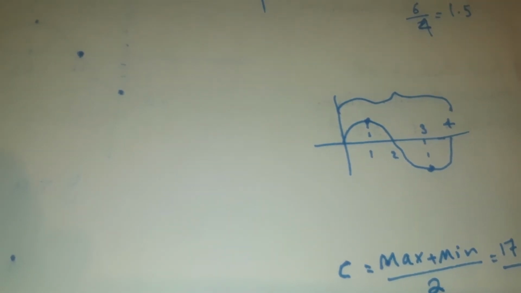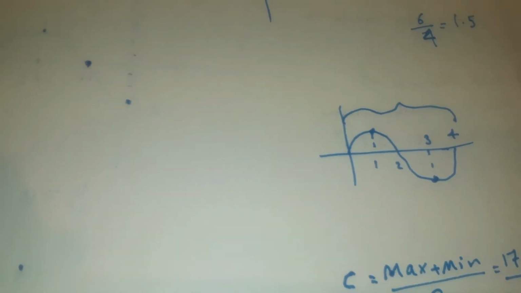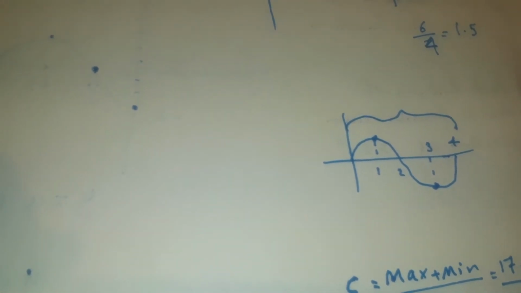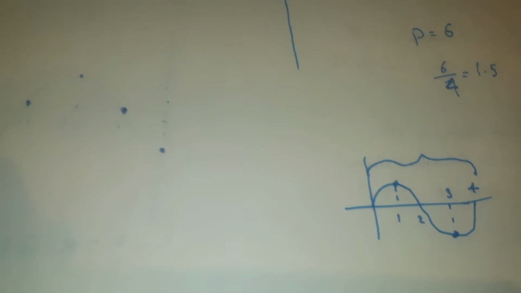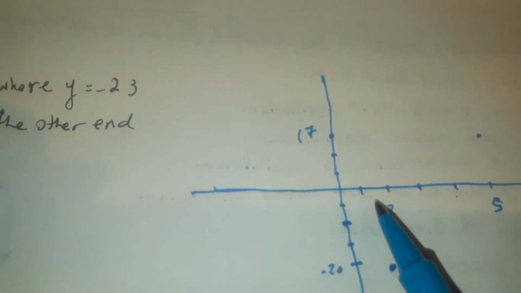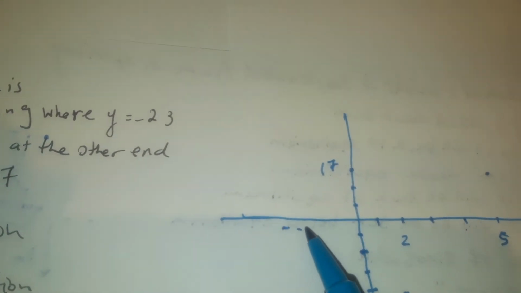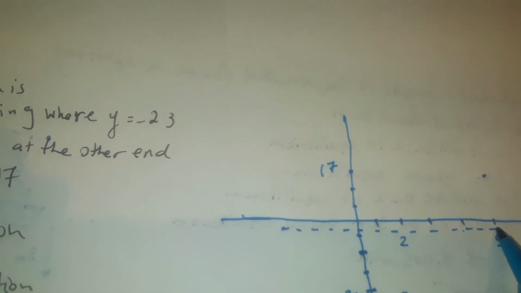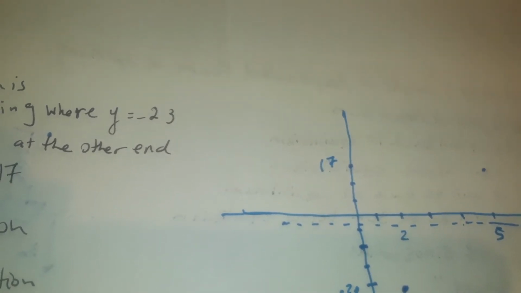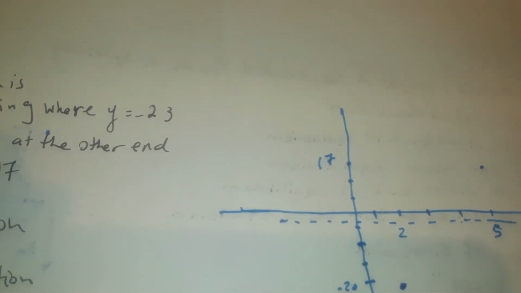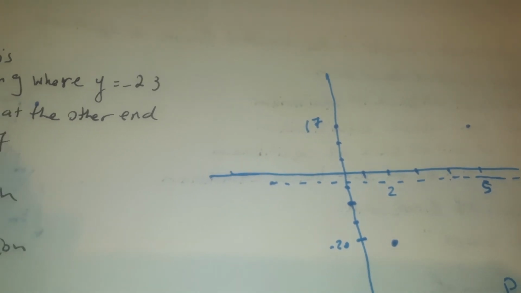It's negative 6. So negative 6 divided by 2 is going to be negative 3. So my axis of symmetry is negative 3, roughly here. I put it as a dotted line. Right? So this is negative 3.